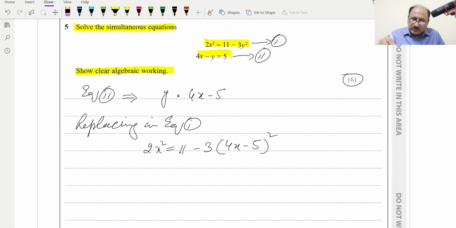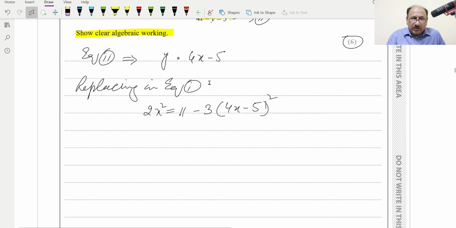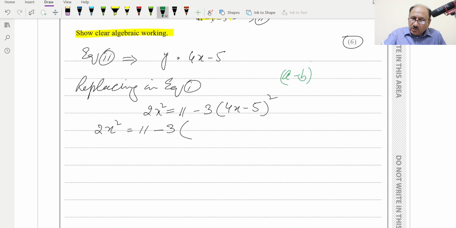This extra circle I will remove, and now we can open the square, it will be 2x squared is equal to 11 minus 3, inside this will be square. We can use a minus b squared is equal to a squared plus b squared minus 2ab.